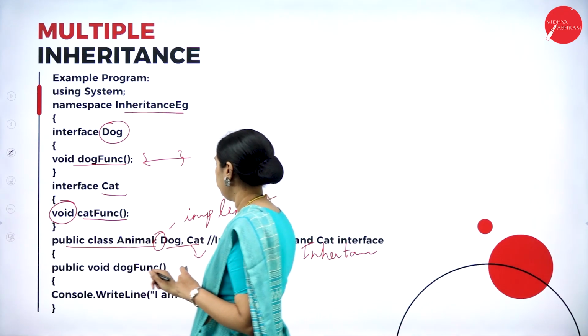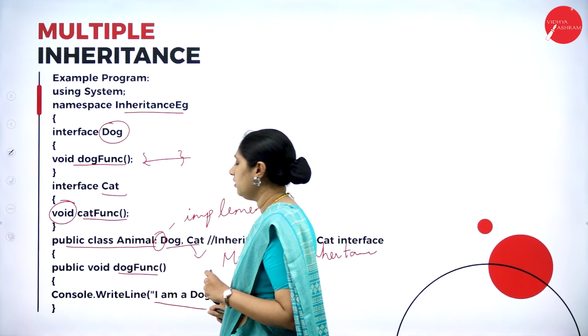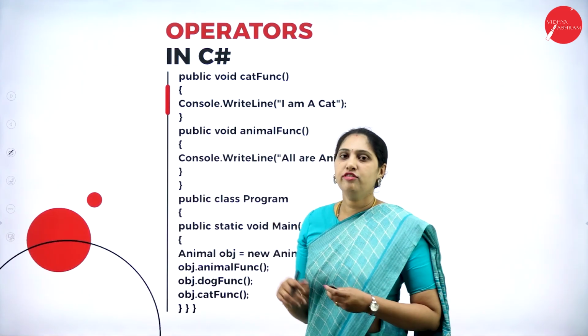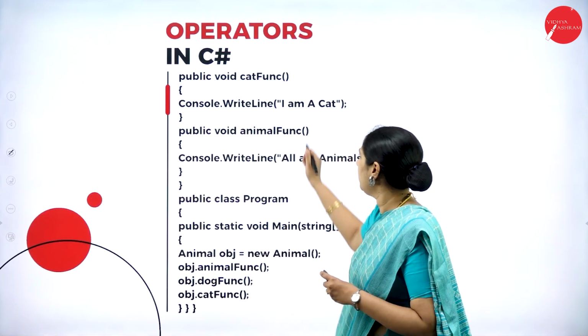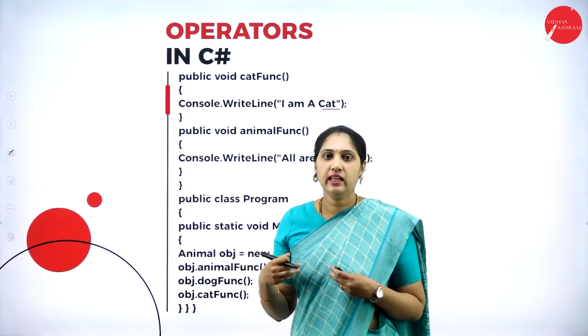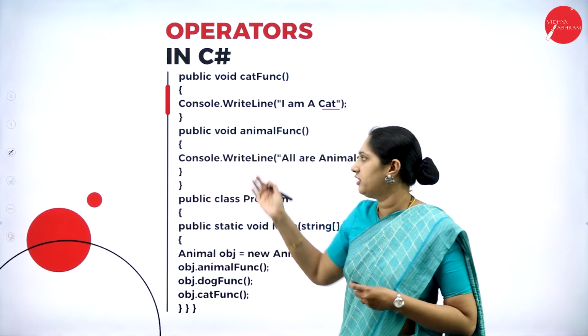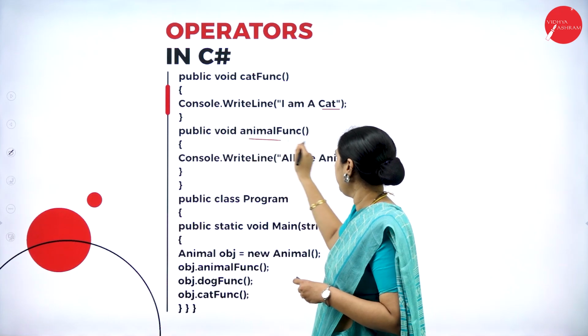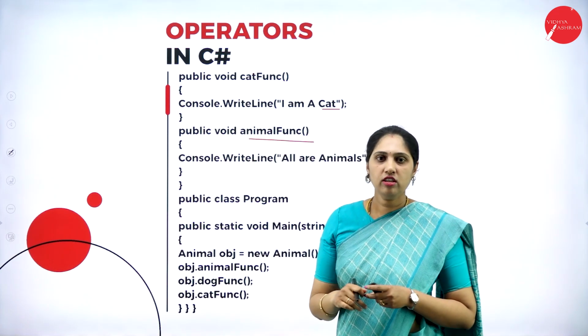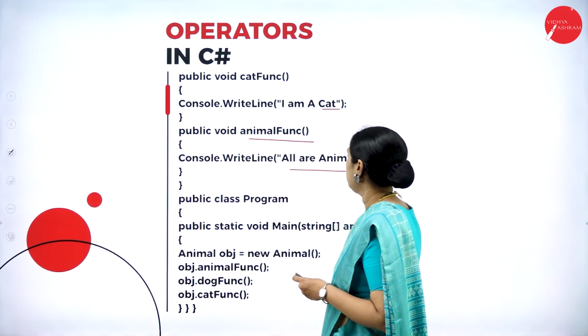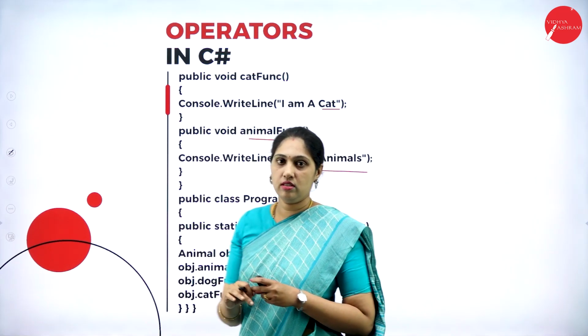So you have a dog function here. In the dog function, a message says I am a dog. Then the cat function will also give you a message: I'm a cat, meaning we are not a cat, that is telling I'm a cat. Okay, next you have an animal function. The animal function will give you a message, saying all are animals.